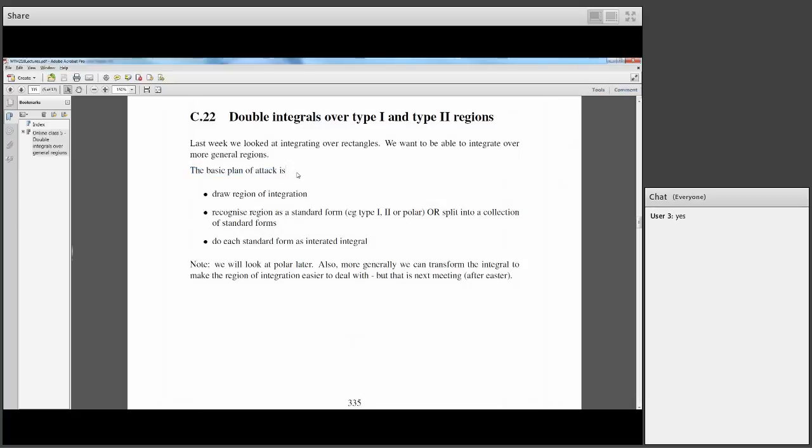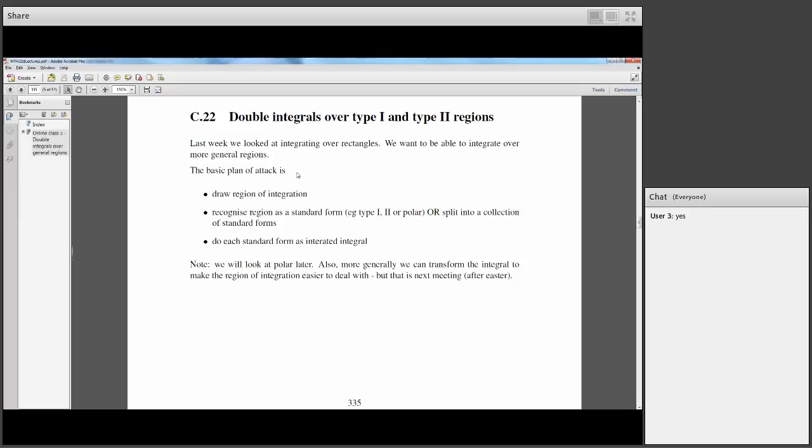So we want to try to draw the region of integration. In general, we want to draw just the 2D region that we're integrating over. Last week was just rectangles. Here they'll get other things, but it's really helpful to give you an idea what to do next. When you've drawn the picture, then you can recognize what sort of type it is. If it's a rectangle, fantastic, and you do that one straight away.